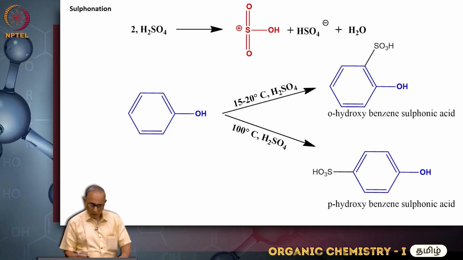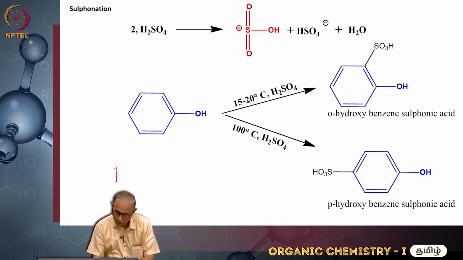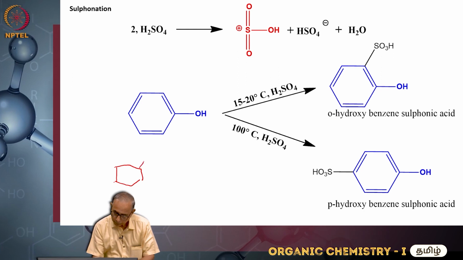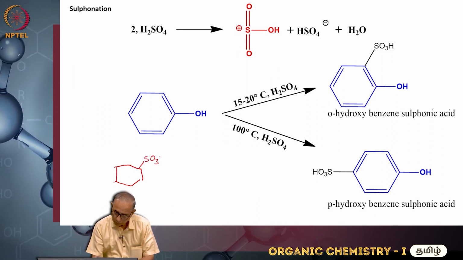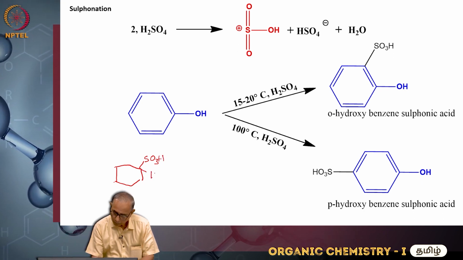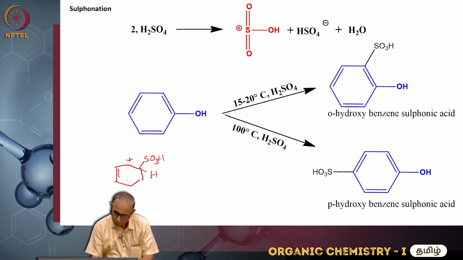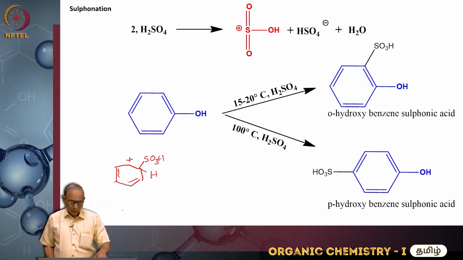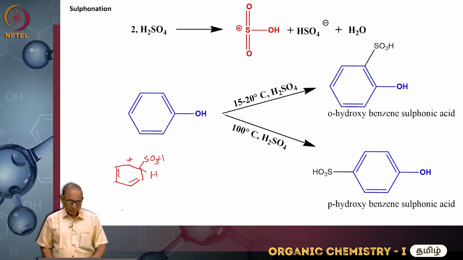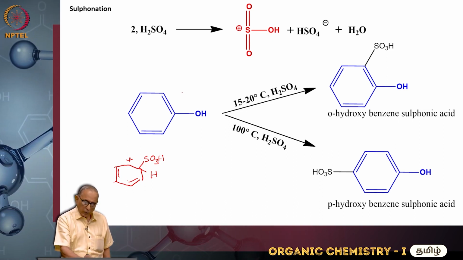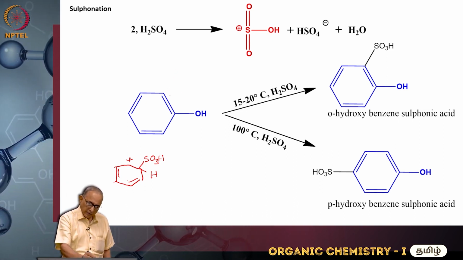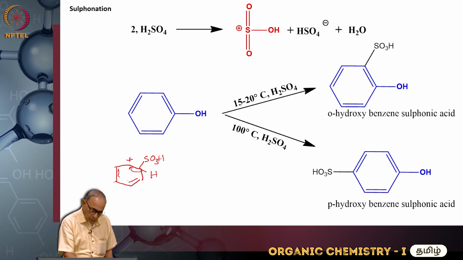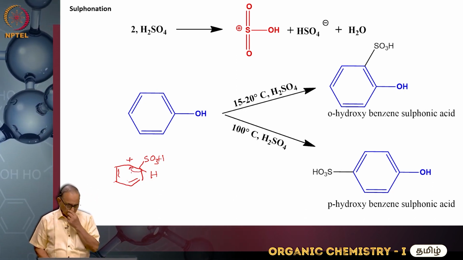So we will just look at how exactly this takes place. முதல்ல SO3H அட்டாக் பண்ணுற போது the plus charge goes to this because this double bond is coming out into the, if it comes and forms a bond with S, this double bond goes and forms the H plus, and when this H plus is removed you get the sulfonic acid group.